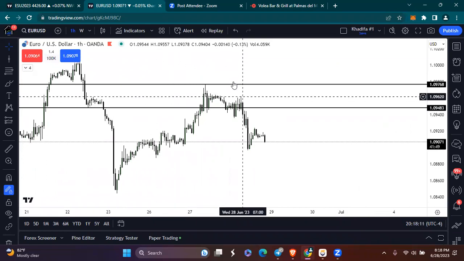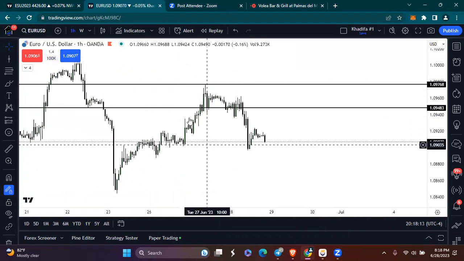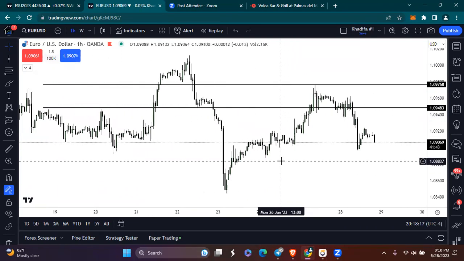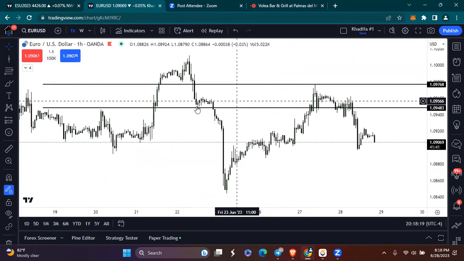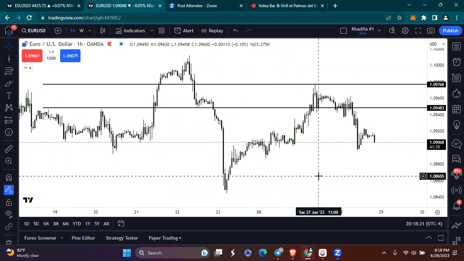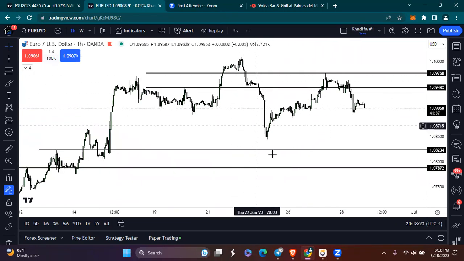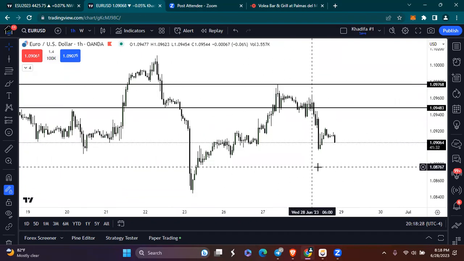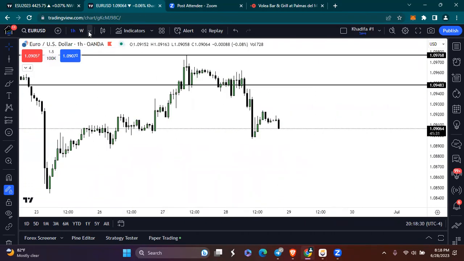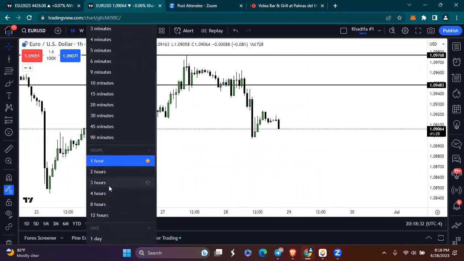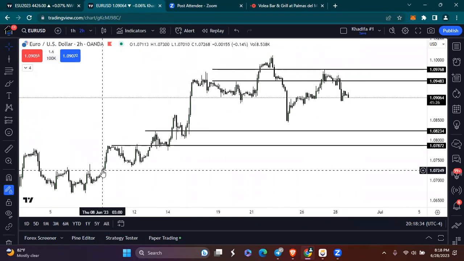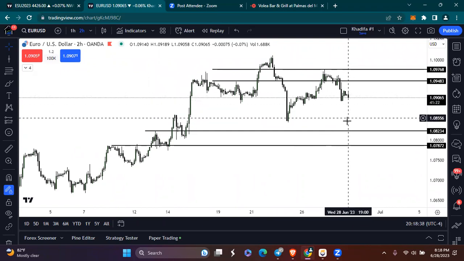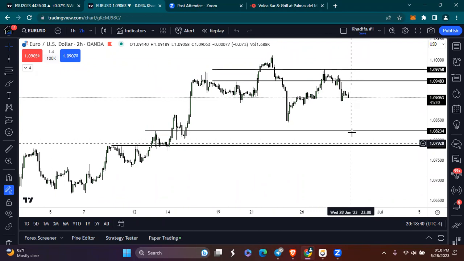A little ugly 2022 model. Well, that one's ugly right there. That was beautiful, actually, that 2022 model right there. And again, right here. So see us pull on back down into this PD array.